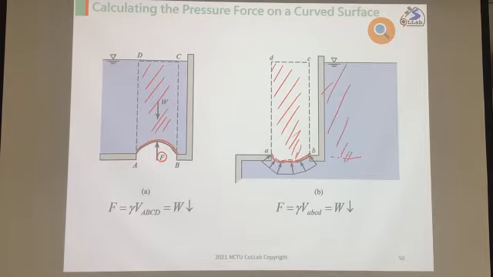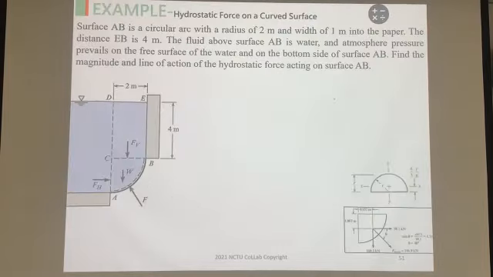Okay, so no matter whether the fluid is just above your surface or not above your surface, you need to consider all of the fluid loadings based on your problem.